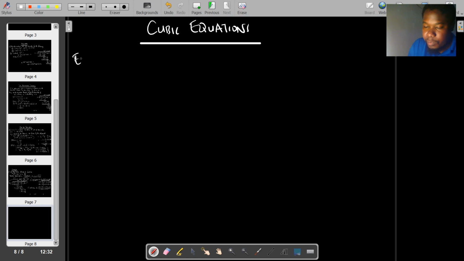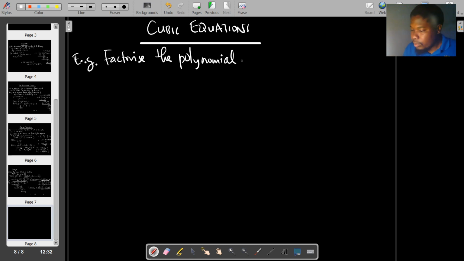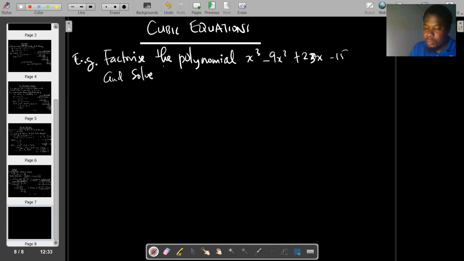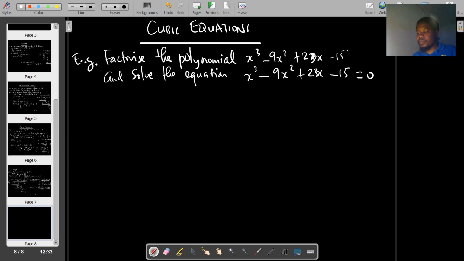Example: factorize the polynomial x to the power 3 minus 9x squared plus 23x minus 15, and solve the equation x to the power 3 minus 9x squared plus 23x minus 15 equals 0.